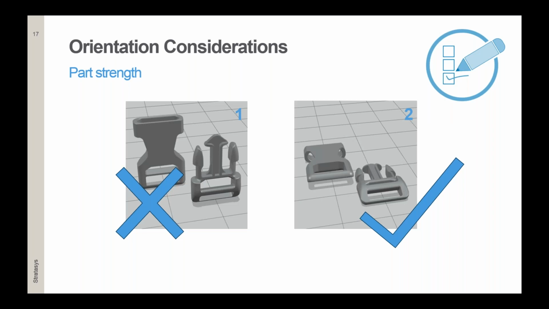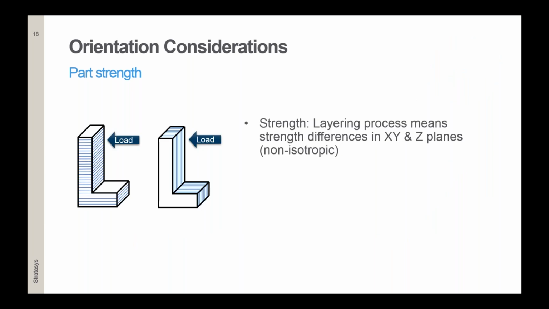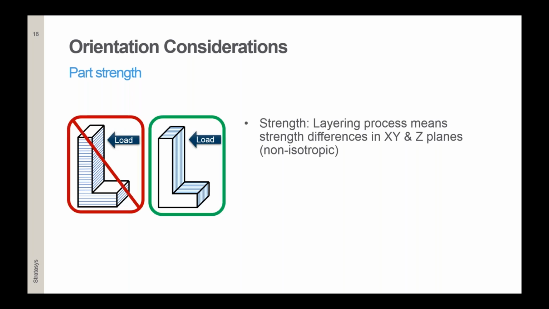The part printed, especially this geometry, printed in horizontal position, will have the stronger clips. But why is that? The layering process gives us so-called non-isotropic parts, meaning they have different strength in X, Y, and different strength in Z-axis. So every bond between the layers is considered a weak spot, like this.